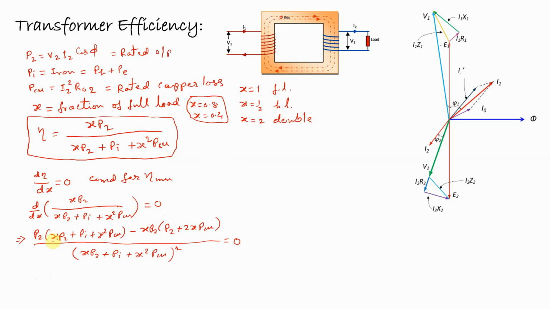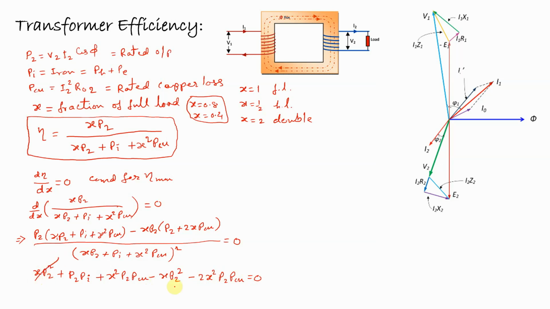That means it is X P2 square plus P2 into Pi plus X square P2 PCU minus X P2 square minus 2 X square P2 PCU, and it should be equal to 0 for maximum efficiency.